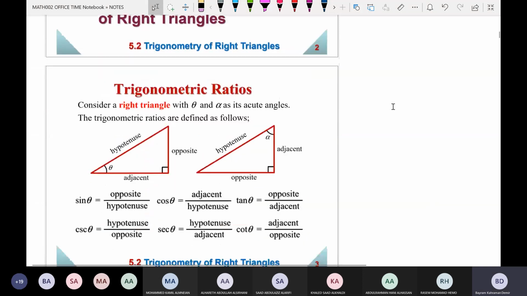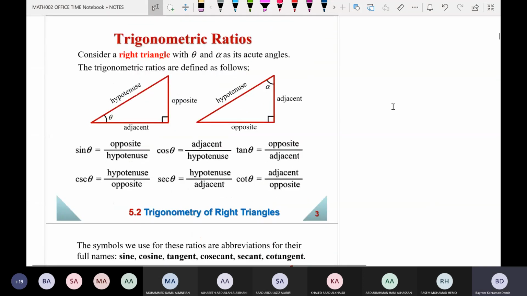And let's remember again trigonometric ratios of the angles when we have a right triangle. In the right triangle, the longest side we call the hypotenuse, right?